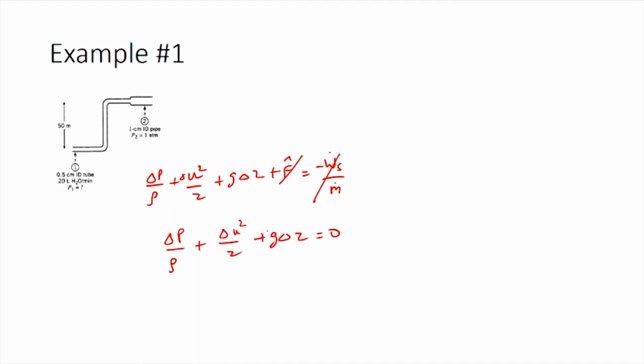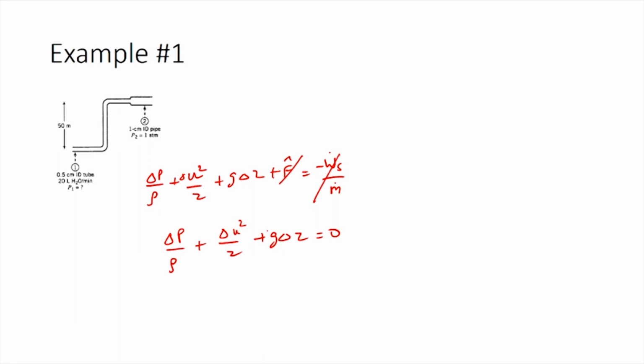We have been asked to calculate the pressure at point 1. We also have the information about pressure at point 2, which is 1 atmosphere. We have information about delta Z because we know the difference in height between point 1 and point 2 is 50 meters. The value we need to calculate is delta U squared.